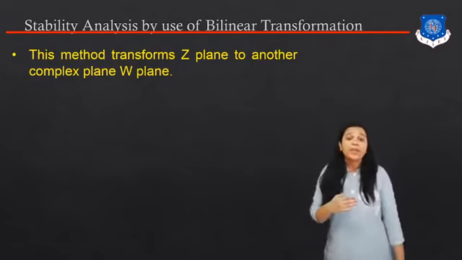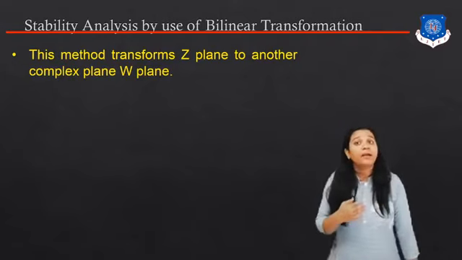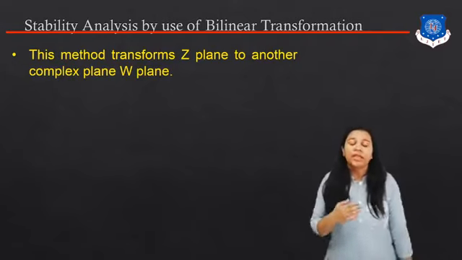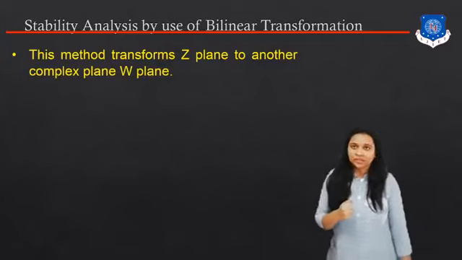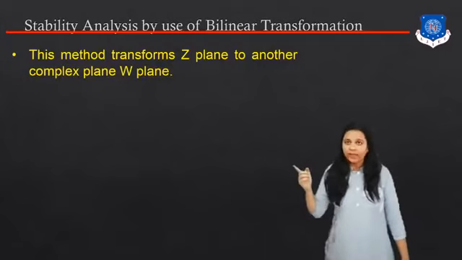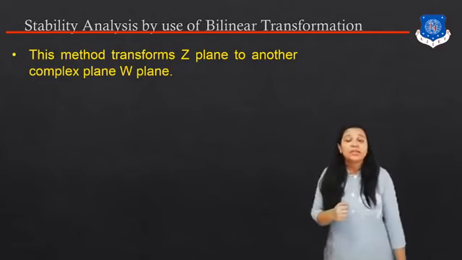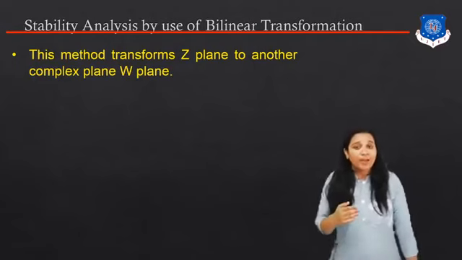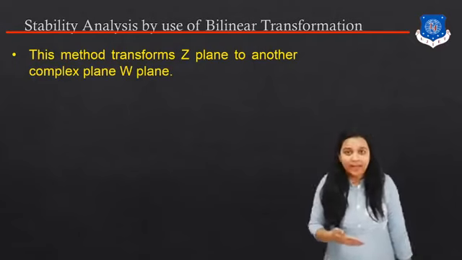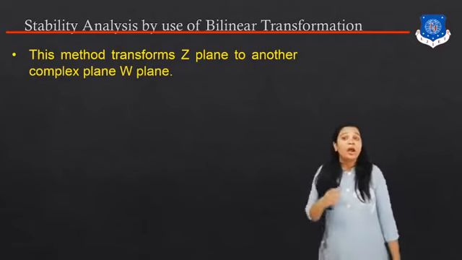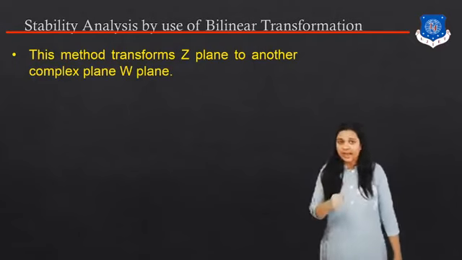This type of stability criteria is used in the continuous time system. Now for the Z plane or the other complex W plane, what is the stability criteria? While using the Z plane, we consider the unit circle of the Z plane.